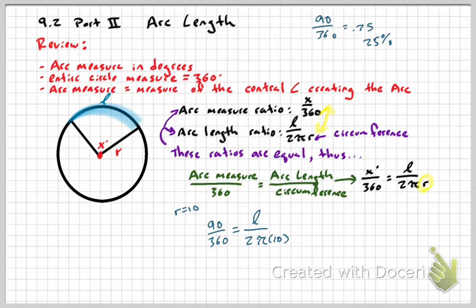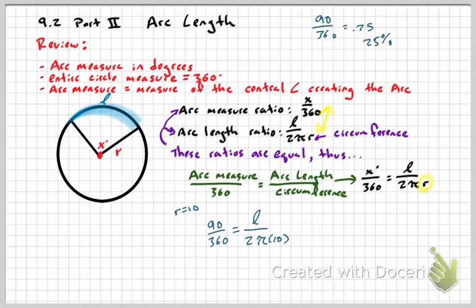And so notice that we only have one variable within this equation, so we can now solve for L using our cross multiplying technique. So we're back to ratios where a fraction equals a fraction, and then we're going to solve for that. Okay, and so that is how you find arc length.